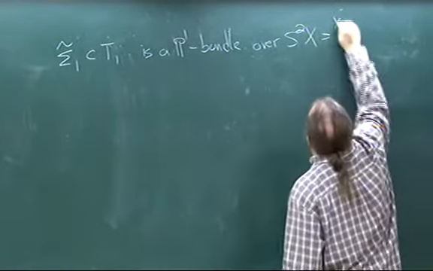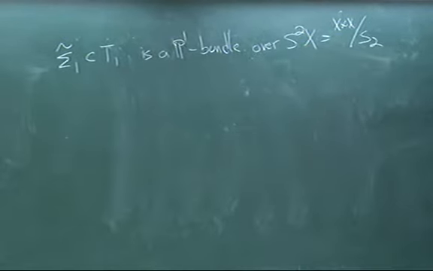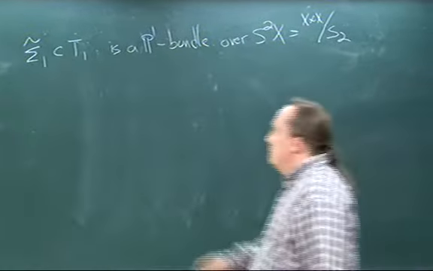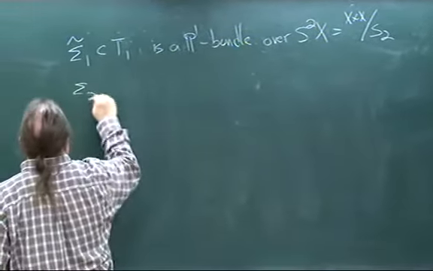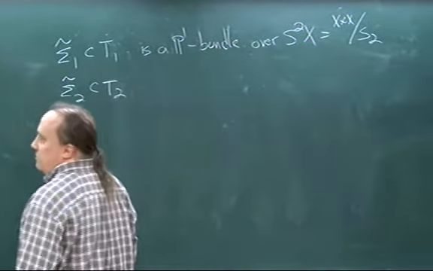S2x is the symmetric product of your curve. Sigma 2 tilde, again, bad notation, but this is in T2.